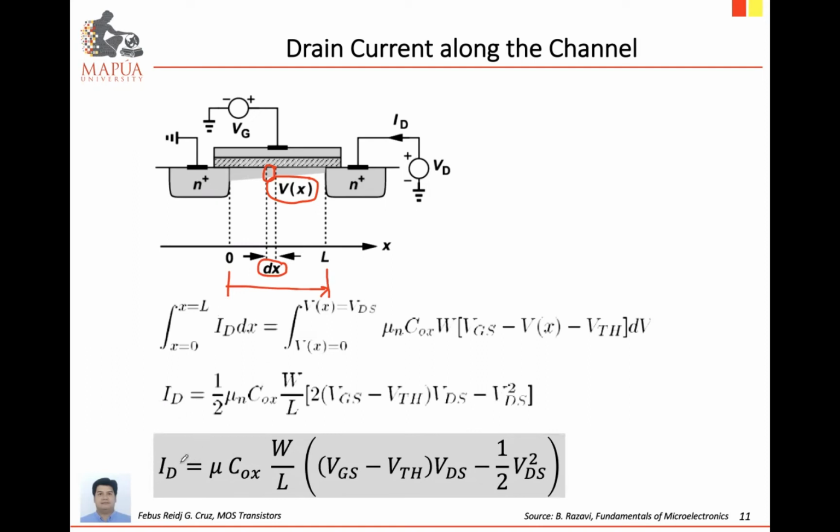The drain current ID is equal to the mobility of carriers times the capacitance of the oxide layer multiplied by transistor width over the transistor length, all multiplied by the difference between the applied gate-source voltage and the threshold voltage multiplied by the voltage between the drain and source, and then minus 1/2 of the square of the VDS. All right, is this clear?